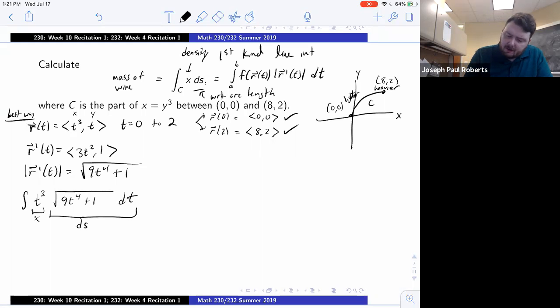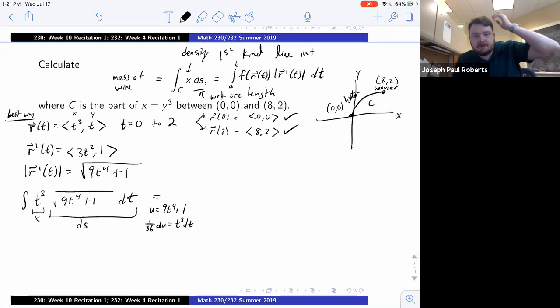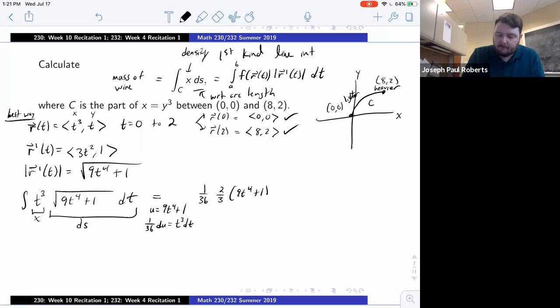From there, if you hit that with a substitution, u equals 9t to the 4th plus 1, then 1/36 du is t cubed dt. I've already started rearranging it based on what I actually see. You get 1/36 times 2/3 u to the 3/2 between 0 and 2. I forgot to do that: 0 and 2 were our t-bounds, so those go here.